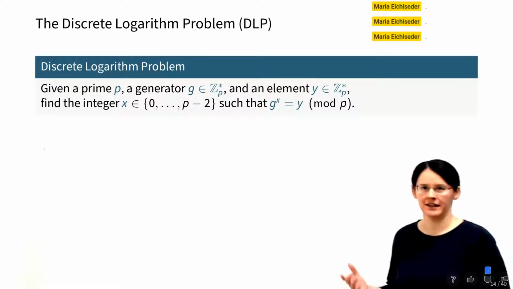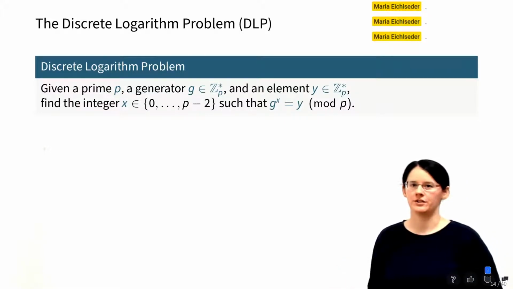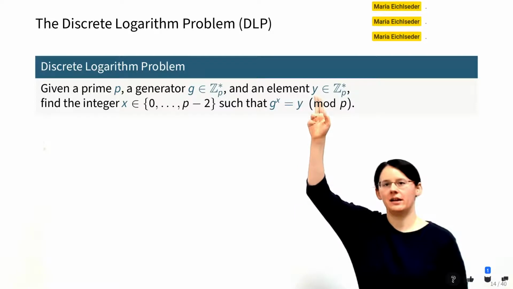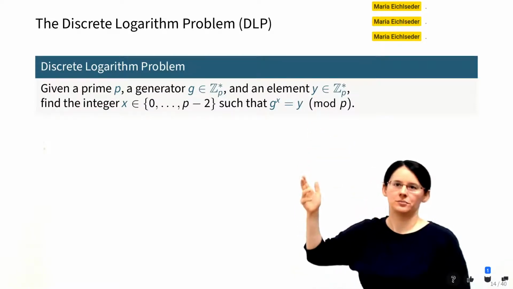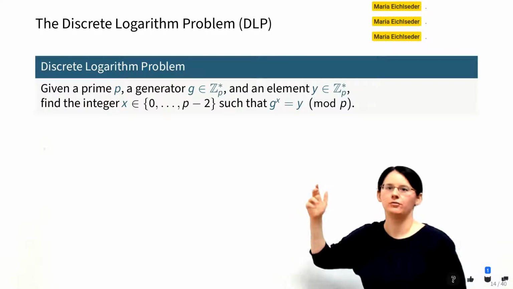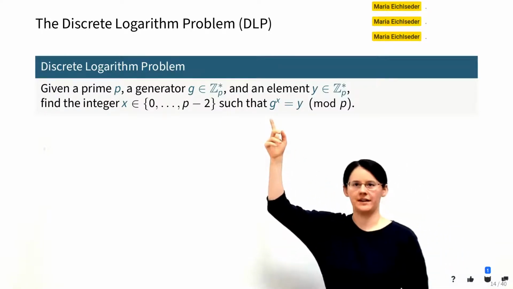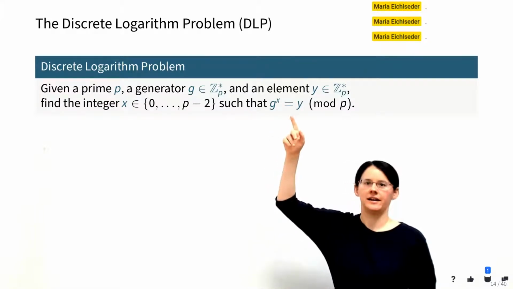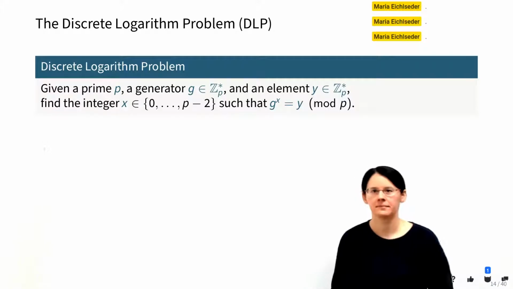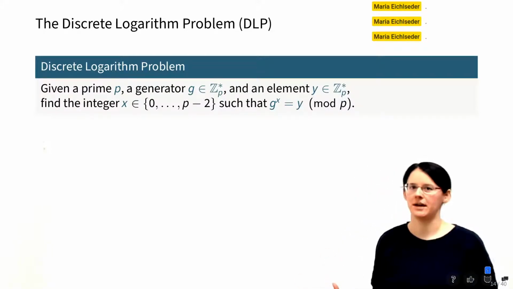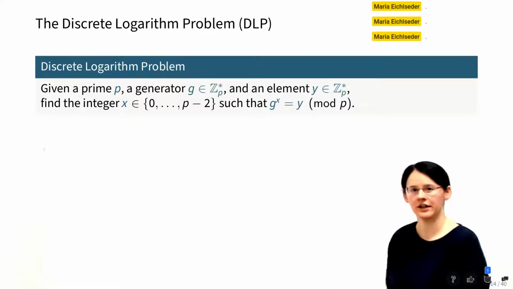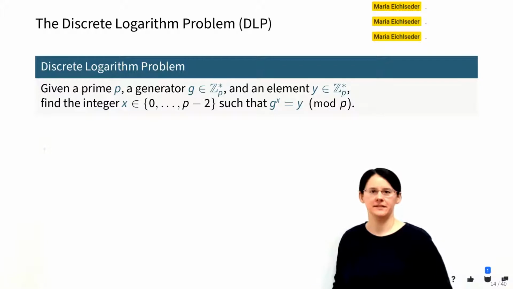So the challenge here is, given a prime number p, which is the modulus, and given a generator of this group, so a number that generates all other elements, plus some challenge element y, what we're supposed to do to solve this problem is to find the correct exponent, so the correct x, such that the generator to the power of this secret x equals the challenge number y. If G is a generator, such an x must exist because G generates all elements. And the challenge is only to find out which element that is.